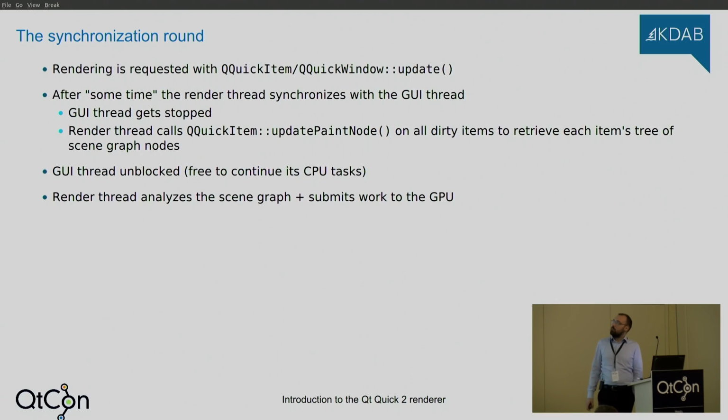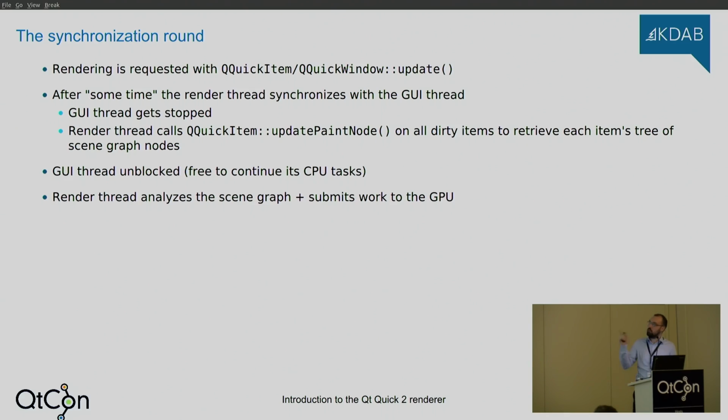At any given time, we can request rendering of any Qt Quick scene by calling something like QQuickItem or QQuickWindow update. That means, okay, I need to redraw something. After some time, of course, we don't know exactly when, we get this synchronization round in which the render thread synchronizes with the GUI thread.